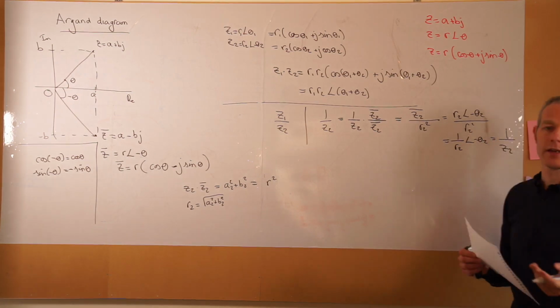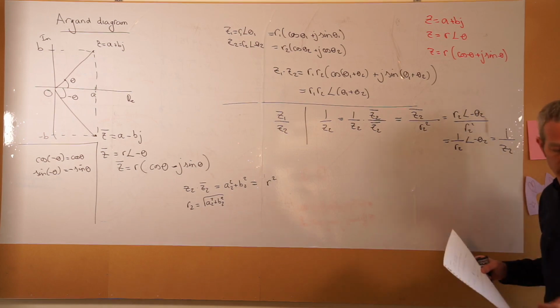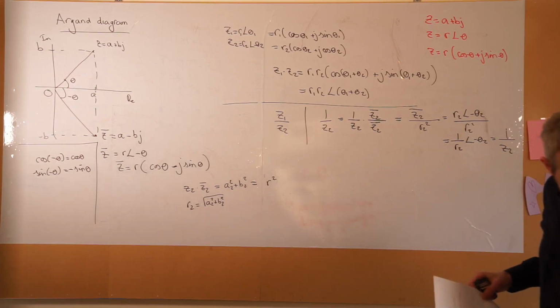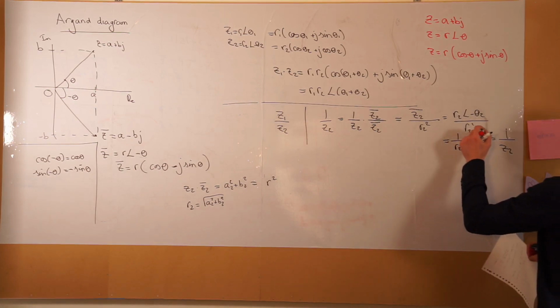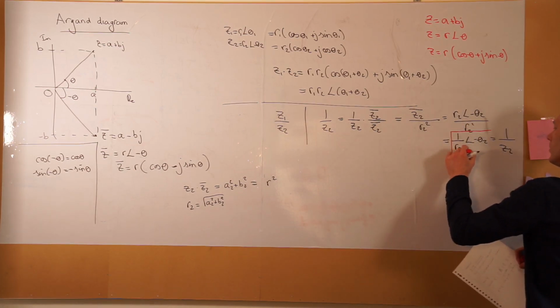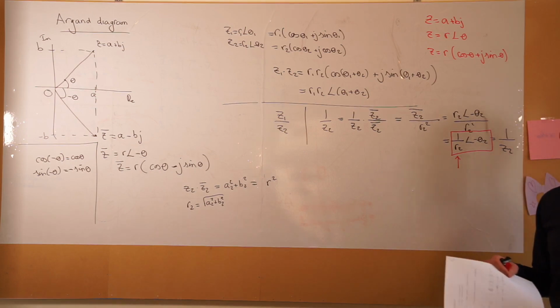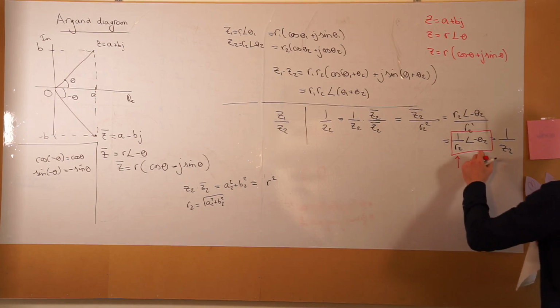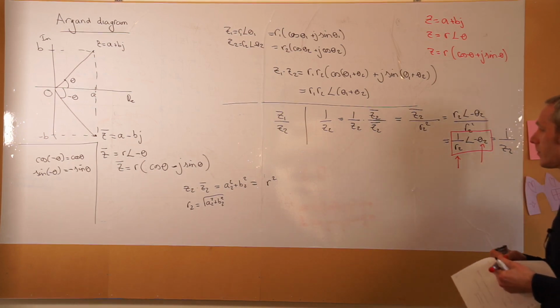So if we want to take 1 over a complex number, or the inverse of a complex number, what we end up with is a complex number with modulus 1 over the modulus of the original number, and as an angle minus its original angle.